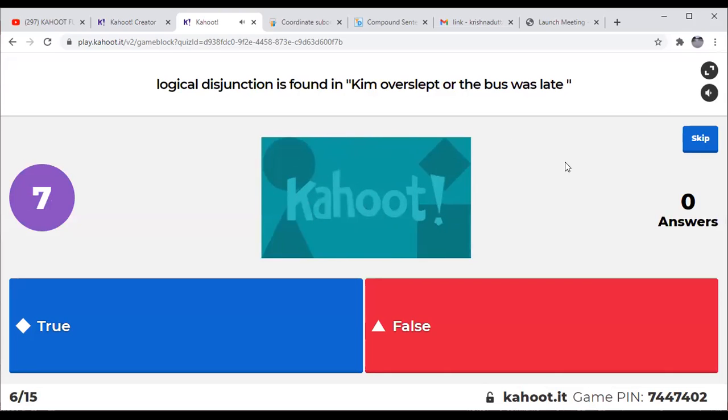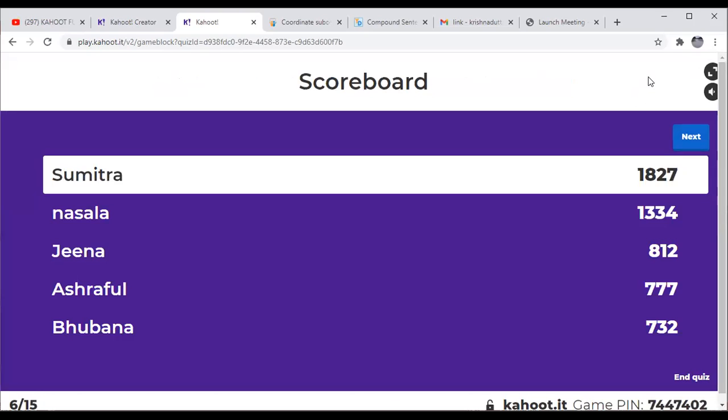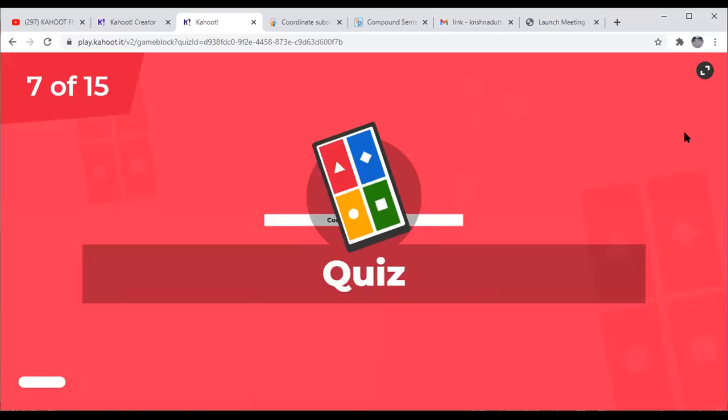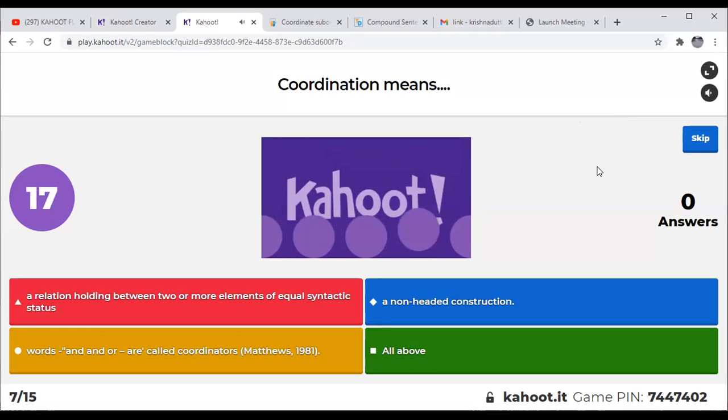Again, true or false. Logical disjunction is found in Kim overslept or the bus was late. So is there logical disjunction or not? Okay, it went so quickly. Yes, as it is true or false, that's why I have made it a little bit quick. The question is not coming on my screen. I don't know why. Yes, it's not coming. Okay, let's see the next one. The next one is a quiz. Coordination means what?